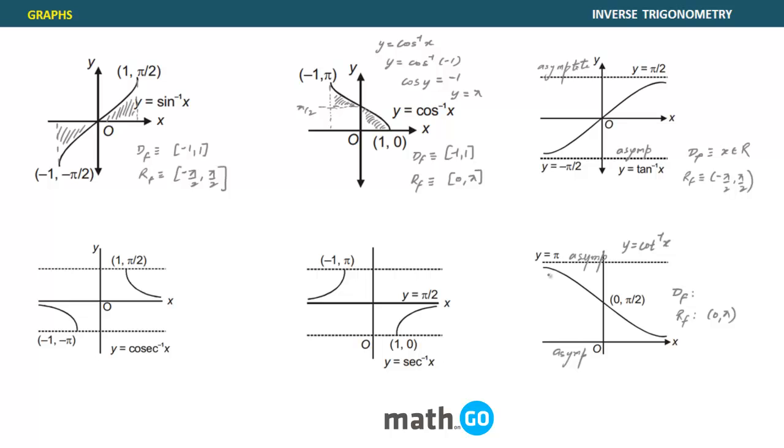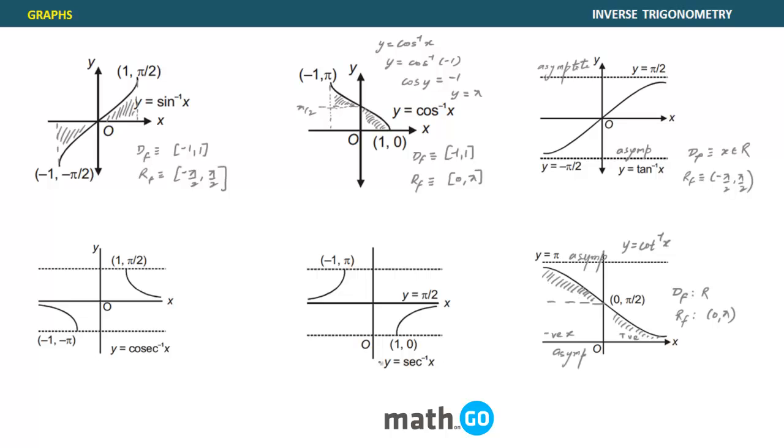And again the domain is what? All real values. It will be the complete function. Again notice that this is always positive, but at pi by 2 it intersects the y-axis. So for negative x, the answer will lie between pi by 2 to pi, and when x is positive, the answer will lie from 0 to pi by 2.